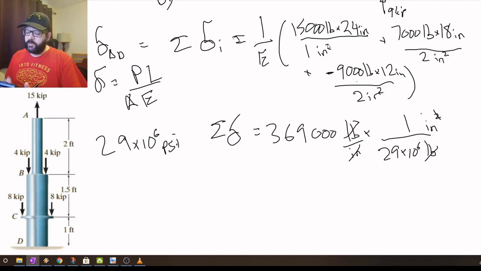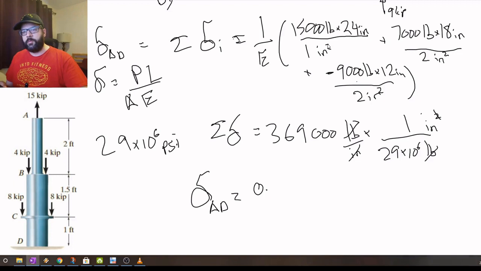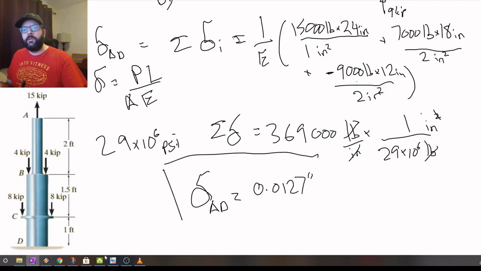So anyways, 369,000 divided by 29 times 10 to the 6 gives us a total elongation from A to D, which is going to be equal to 0.0127 inches. So there.